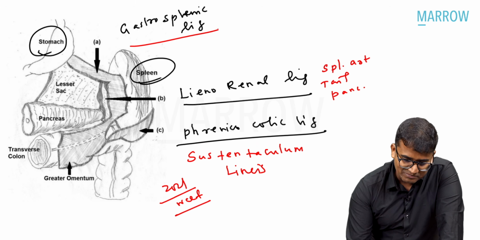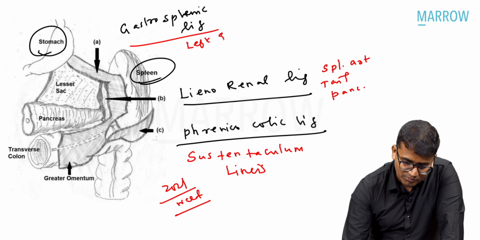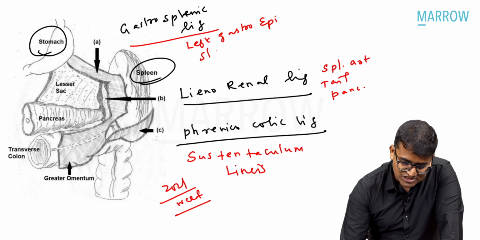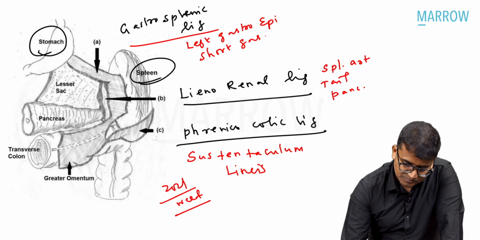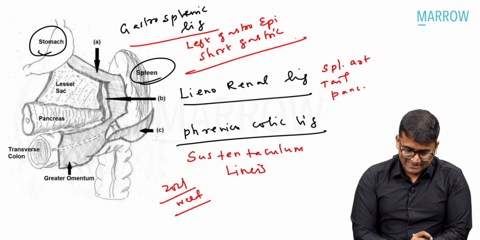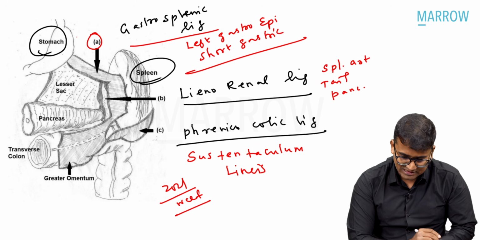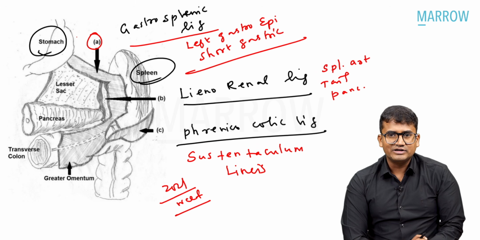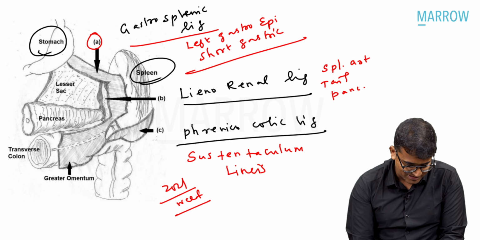And the gastrosplenic ligament contains the left gastroepiploic vessels and the short gastric vessels. So, in the diagram, A is the gastrosplenic ligament, which contains the left gastroepiploic vessels and the short gastric vessels.